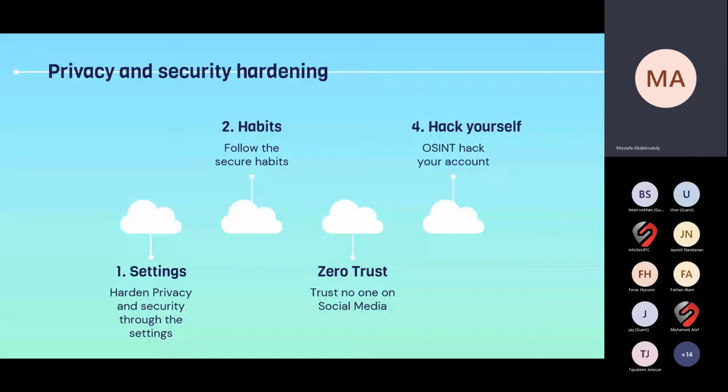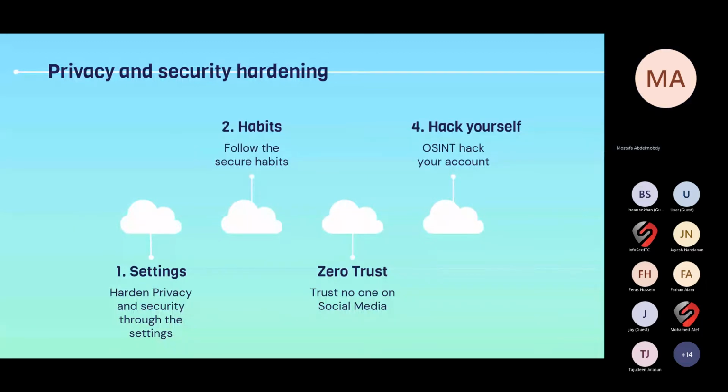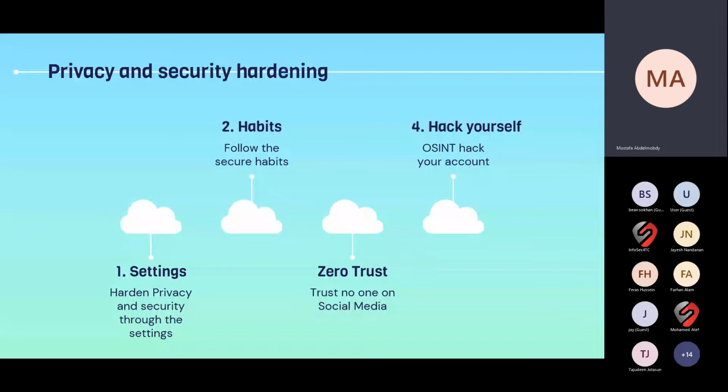Actually, I created my courses to help you completely secure yourself on social media, and to understand each part of the settings. So it's very important to follow one by one. Check each setting to make sure that the hacker cannot get this information or reveal information about you. And then the habits.